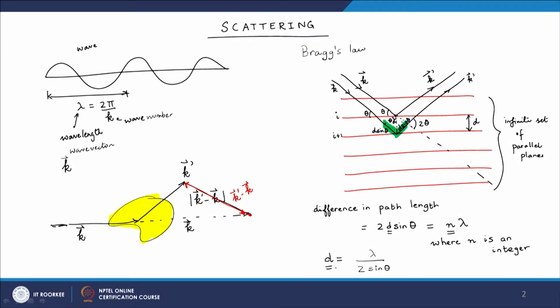So, let me use a different notation here, let us say 2D sin theta with capital D, and this small d is between the two planes, just to avoid any confusion. Okay. So, this is the basic idea of scattering experiment, that I can do a scatter, I can know the wavelength of light to start with, and I can measure the scattering angle theta.